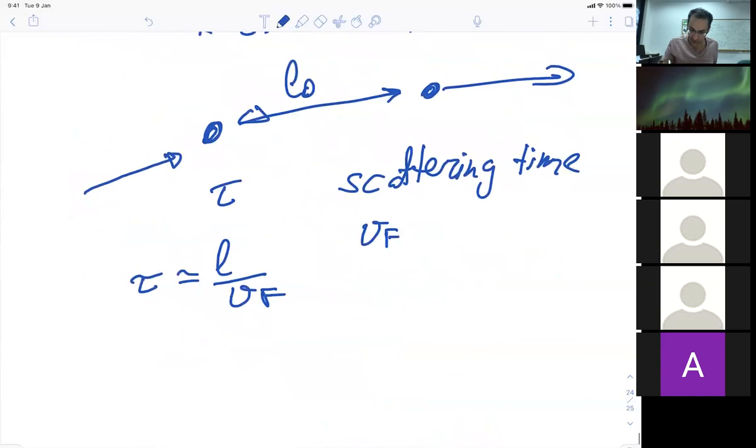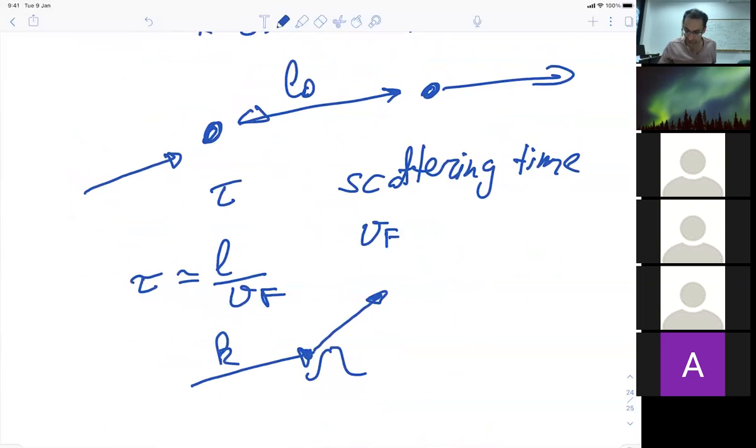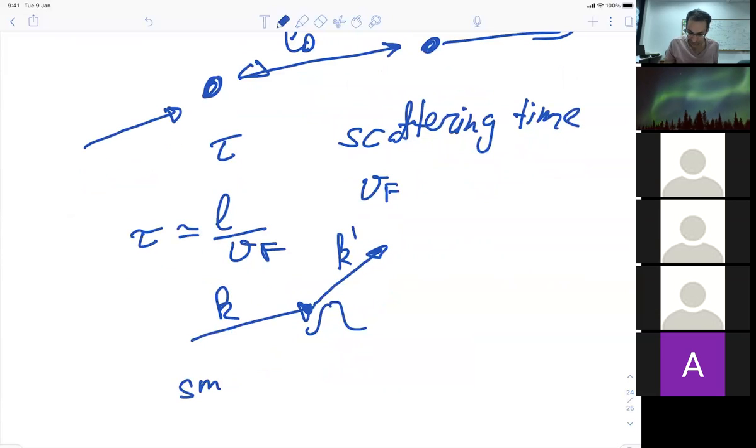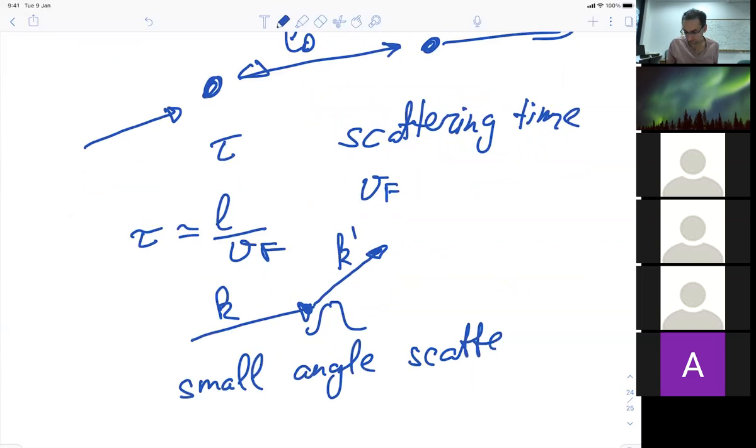And what this shows is that, imagine you have an electron that goes with the momentum k and scatters off an impurity, but only by a tiny amount, such that the momentum after the scattering points in a direction similar to the direction of the incoming momentum. This is so-called small angle scattering. There is a scattering event. It happens every tau, but the change of the momentum in an individual scattering event is rather small.